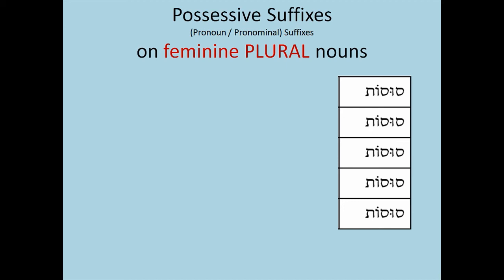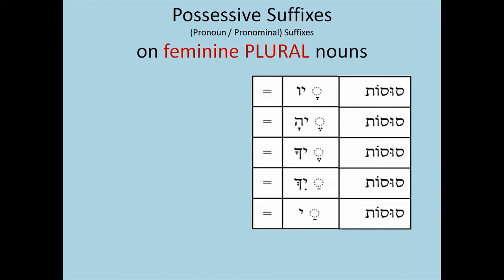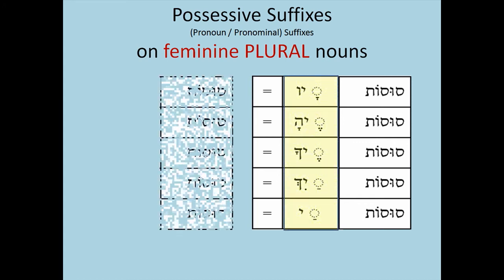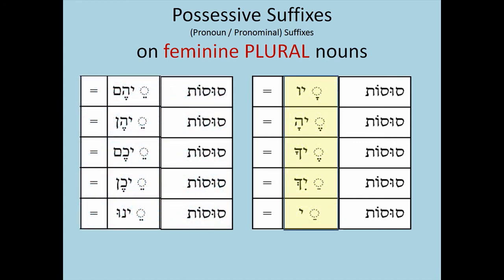The suffixes themselves are not going to change. Here is the first set. These are going to be translated singularly, okay? But they're singular suffixes that get attached to plural nouns. And we're also going to be looking at plural suffixes, the same set, that get attached to plural nouns.